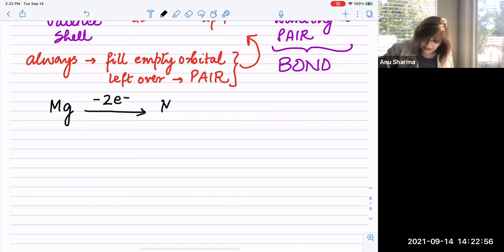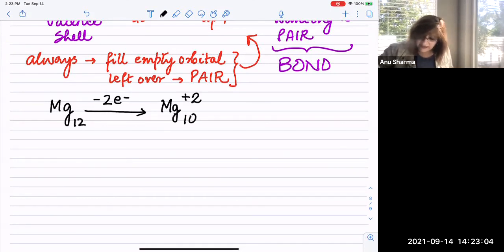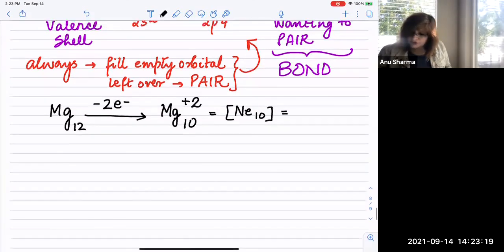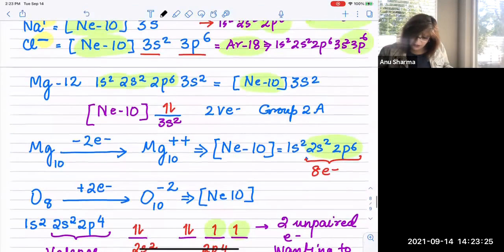So magnesium is 12, magnesium becomes 10, and it acquires +2 charges, right? And it begins to look like neon 10, and that is a noble gas, which we already looked up here.